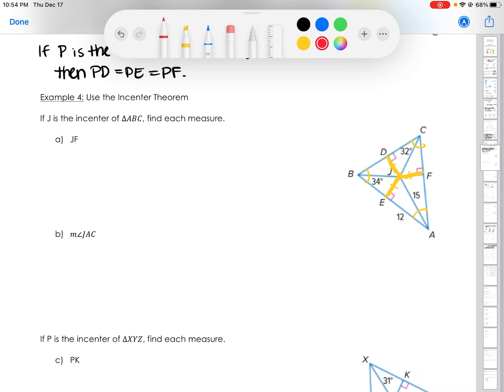Well, if I take a look at this mark and kind of isolate this triangle right here, I have a right triangle with a side of 12, a side of 15, and my missing unknown side, which should be the same measure as what I'm looking for. So I can use the Pythagorean theorem really to help me out here. So that's going to be 12 squared plus, we could call this x or whatever you want to call it, x squared is equal to 15 squared.